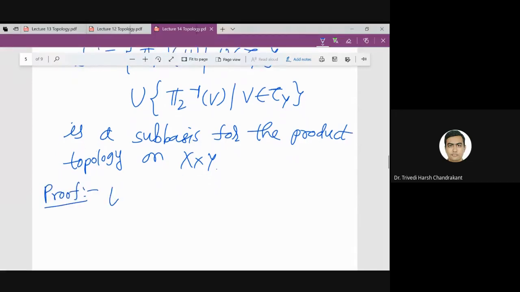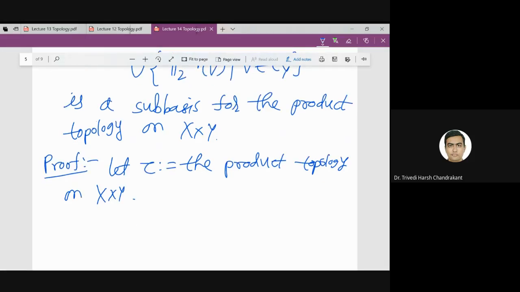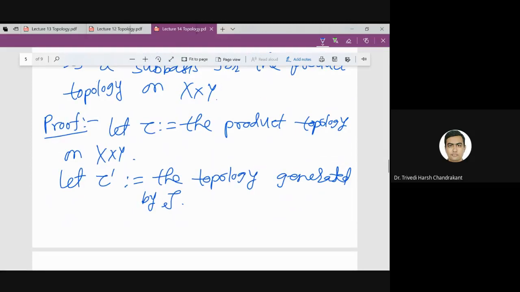So for proof, let us consider tau to be the product topology on the set X cross Y. That is the topology generated by the basis elements U cross V, and tau dash be the topology generated by S, right?